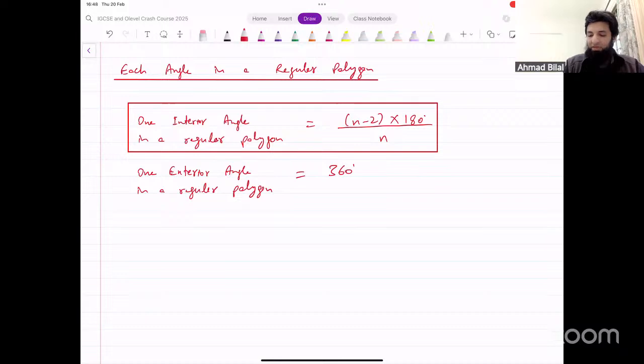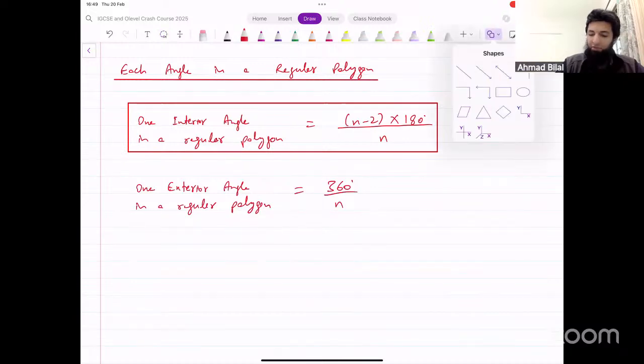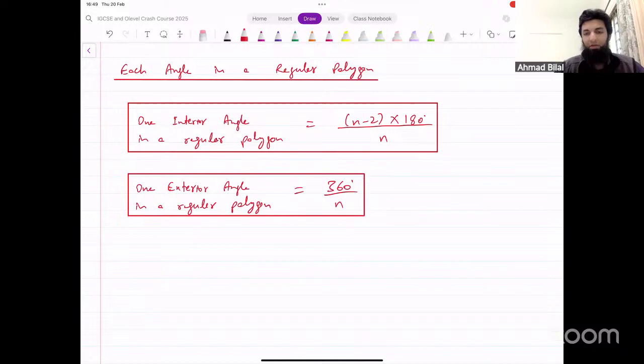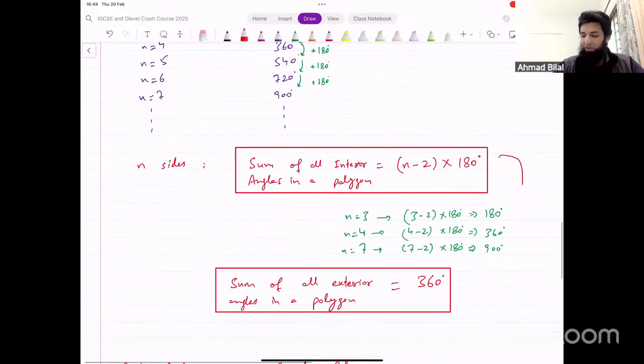The sum is 360. If it has 5 sides, for instance, you divide by 5. If it's n sides, you divide by n. Each exterior angle in a regular polygon is given by this formula: 360 divided by n. Okay? You just need to remember these two facts. For a regular polygon, if you want to find one particular angle, just remember you can just divide this by n.